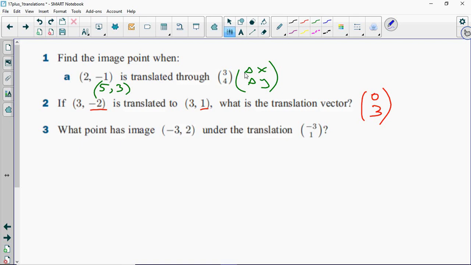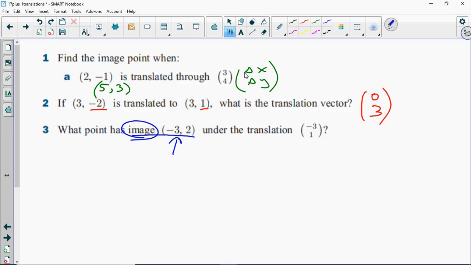And then finally, what point has image -3, 2 under this translation? What that means is that this is the ending point. That's what they mean by the image. So they're asking, what was the starting point? So we're just going to work backwards.